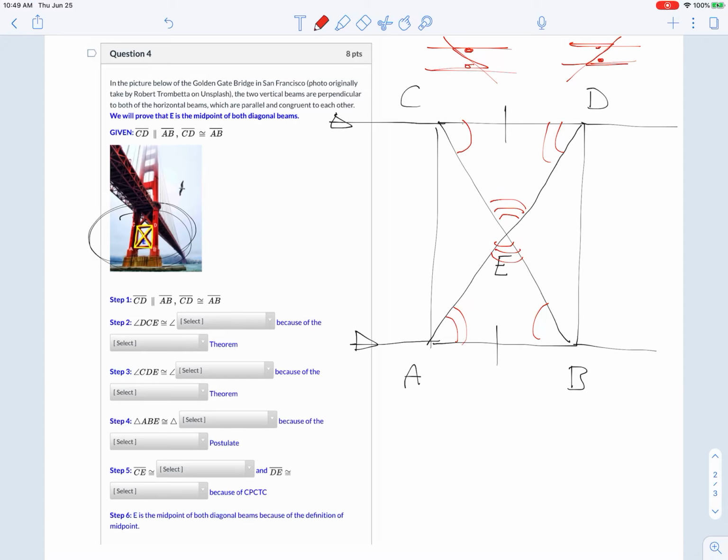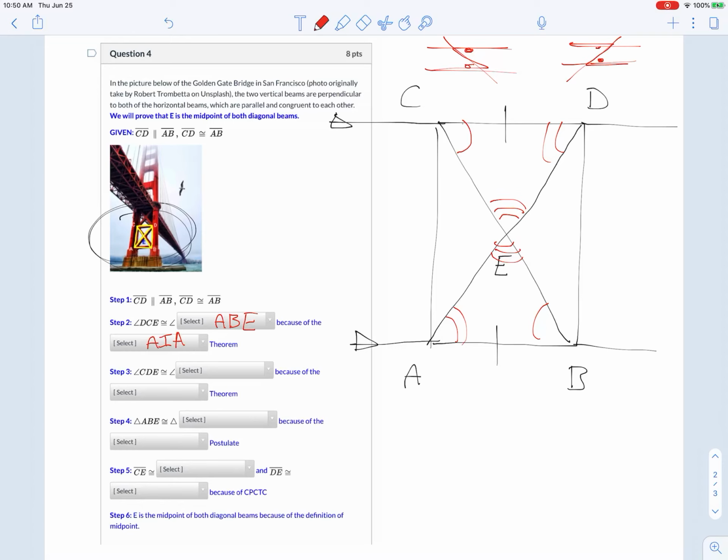Step 1, the givens. Step 2, angle DCE is congruent to, 2 arc marks, 1 to 3. 2 to 1 to 3 should go 2 to 1 to 3 down below, ABE, because of the alternate interior angles.